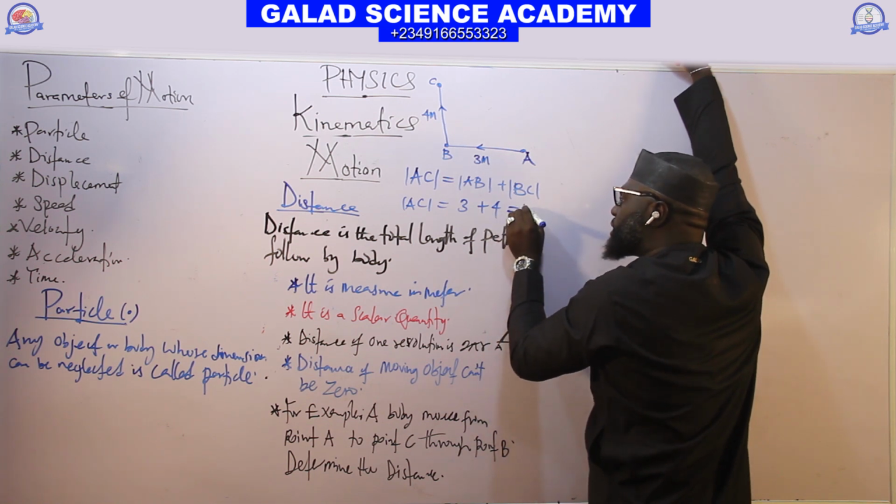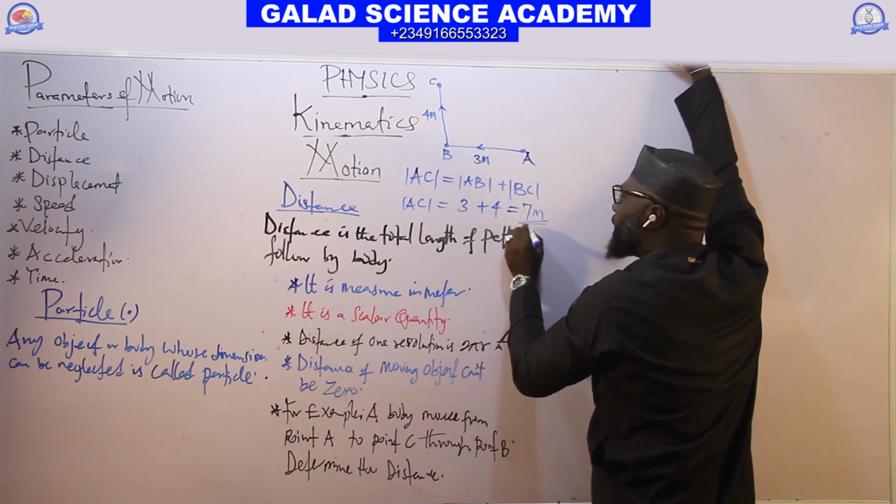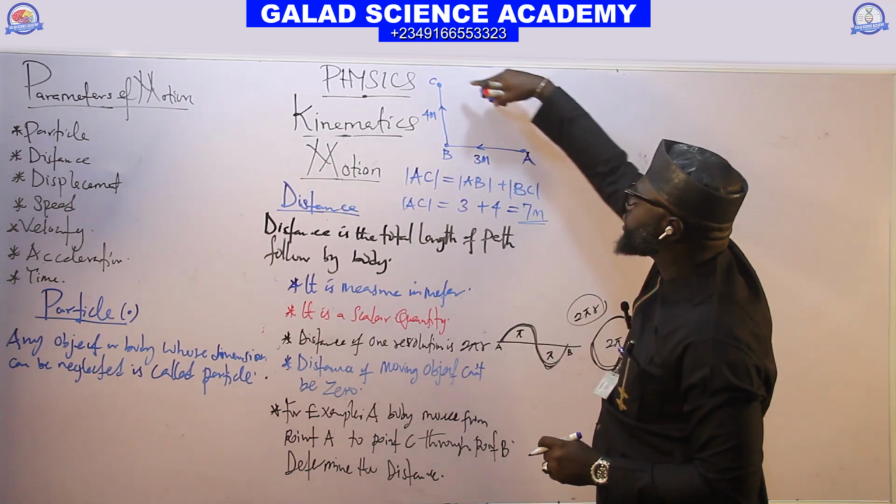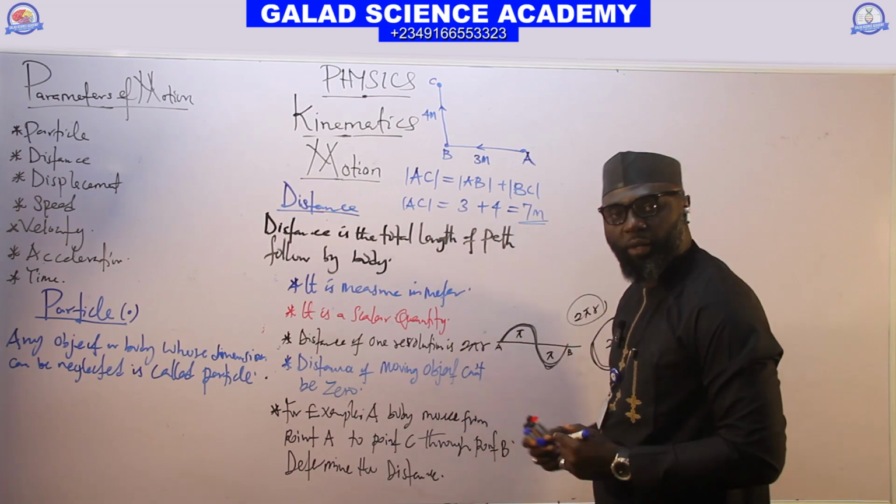Altogether, it gives us 7 meters. So the total distance covered for the journey from A to C is 7 meters.